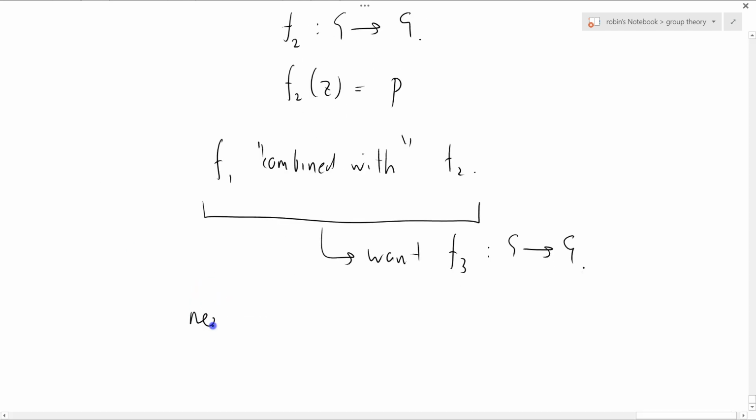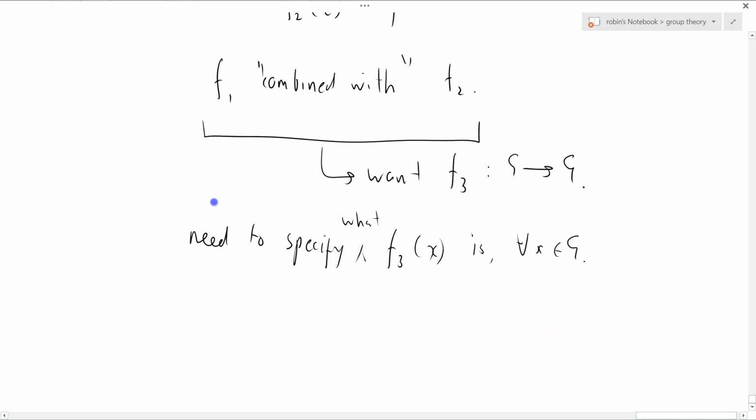So we need to specify f3 of x. We need to know what f3 of x is, for all x in the group. Well, it's pretty obvious that we do this. f3 of x is equal to that.